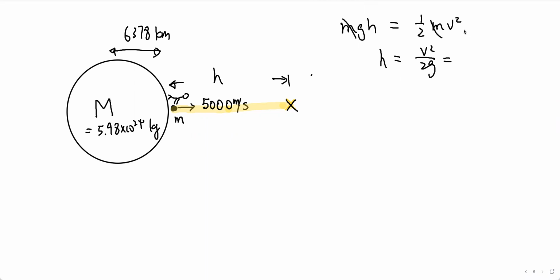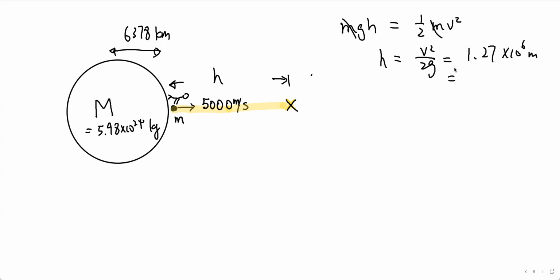Now, if you're using the formula mgh equals half mv squared, then let's see what you can get for the height. So 1.27 or 1.3 times 10 to the power 6 meters.